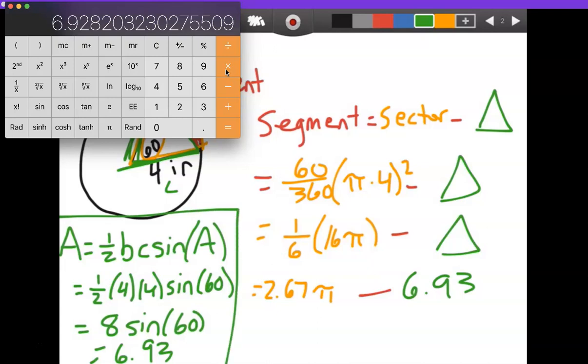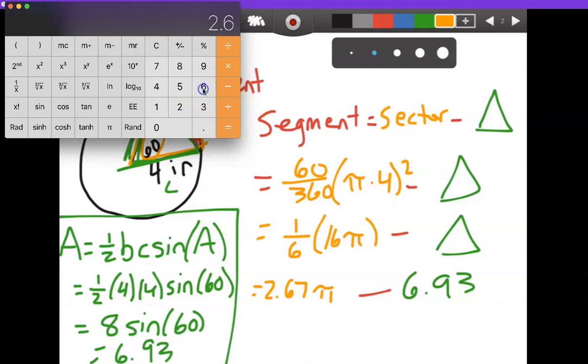The area of the segment is these two numbers subtracted. We have 2.67 times pi. Let's get that one punched in. 2.67 times pi is 8.38.